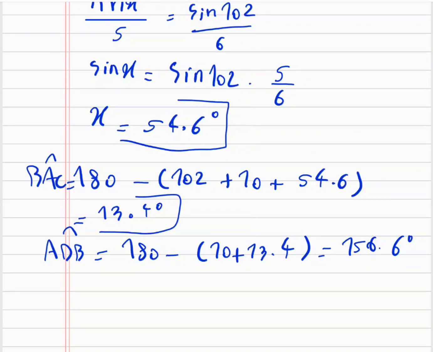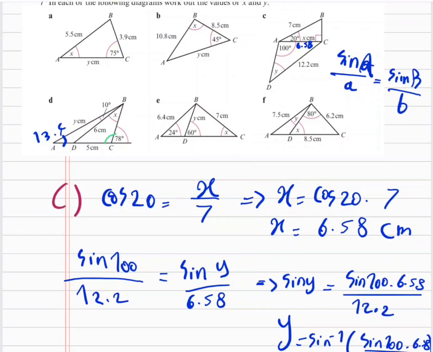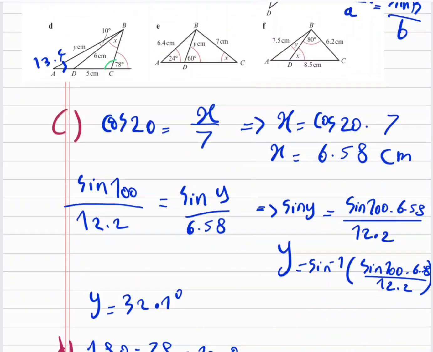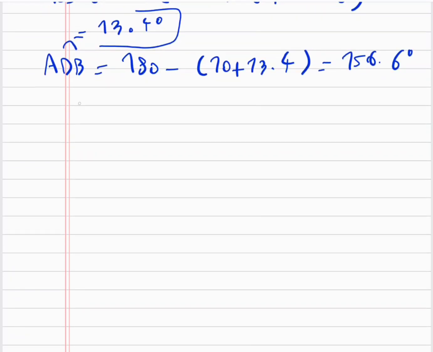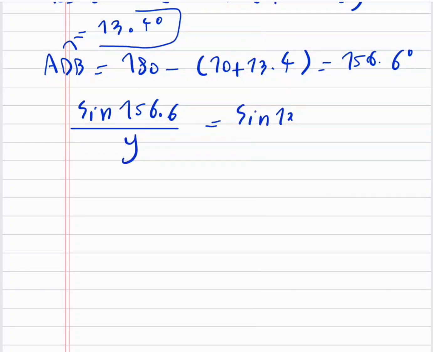And finally, we just need to use another sine rule. So angle D: sine D over y is equal to sine 13.4 over 6. So we have sine 156.6 over y is equal to sine 13.4 over 6.